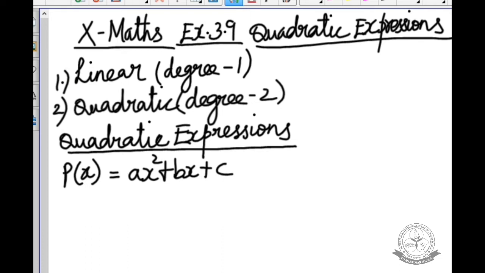It is a quadratic expression in the variable x, where a is not equal to 0 and a, b, c are real numbers, or we can write it as belongs to R. Here the variable is x: ax squared plus bx plus c. x has degree 2, x has degree 1, c is the constant term. Since the highest degree is 2, this is known as a quadratic expression. In quadratic expressions, we have to find zeros.